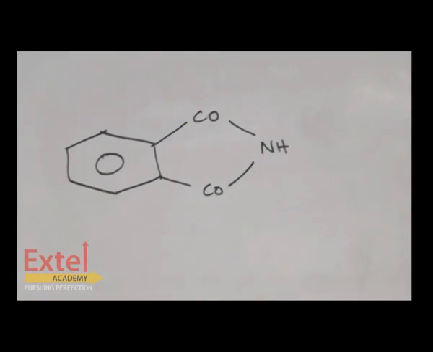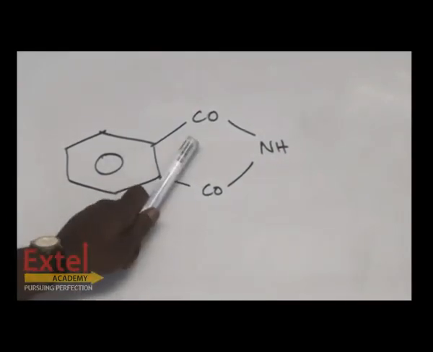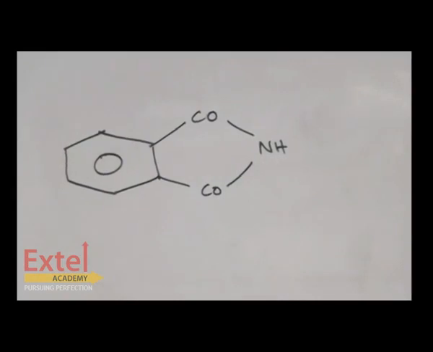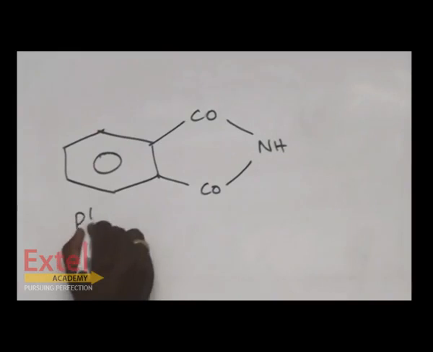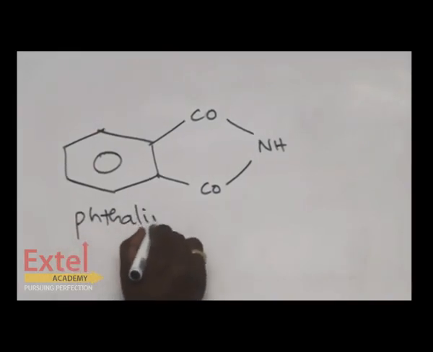Look at this one: one benzene connected with CO and NH and another CO. This is a cyclic compound. It is called phthalimide.